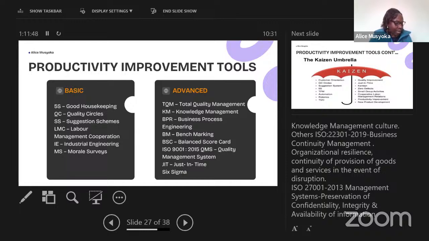A process that operates at Six Sigma has a failure rate of only 0.00034%, which means virtually no defects. That is what Six Sigma aims at. So these are very powerful tools.